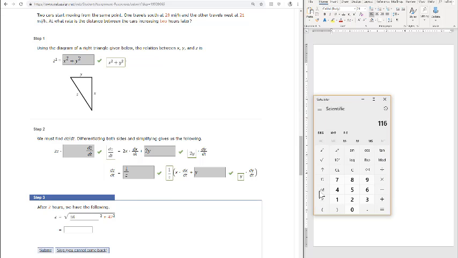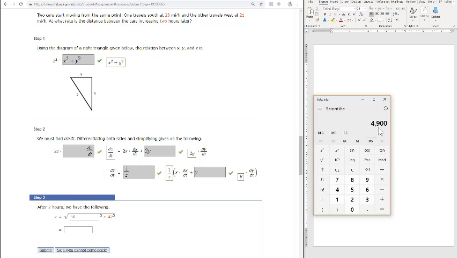So let's take our calculator out. I think we have a scientific calculator here. So with a scientific calculator, we have to go from inside out. Let's clear this. We're going to have 56 squared. Let's go 56 times 56 plus 42 times 42.